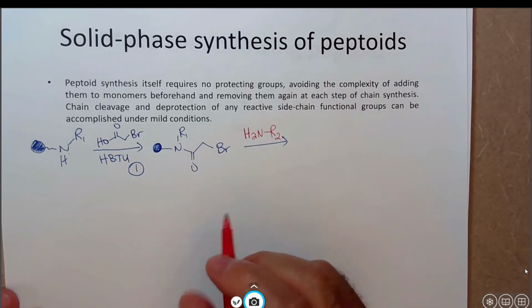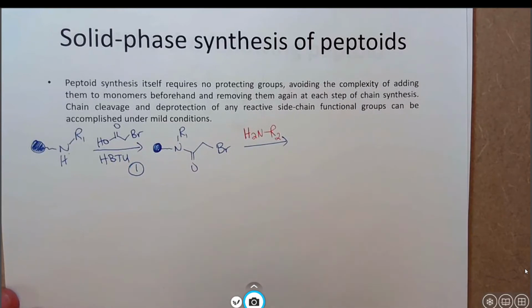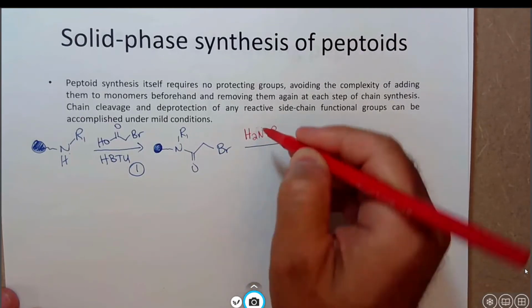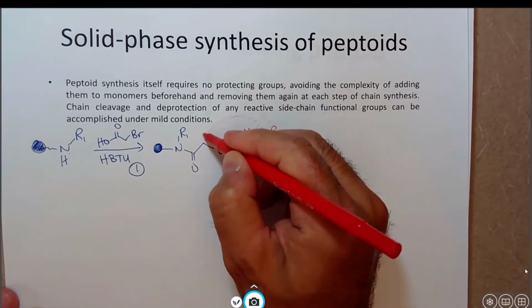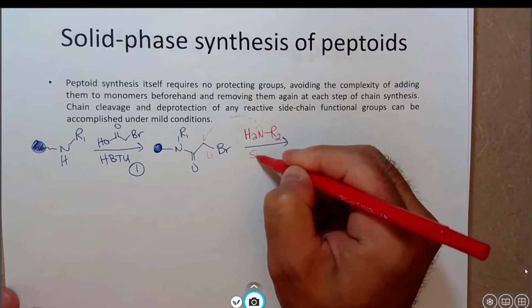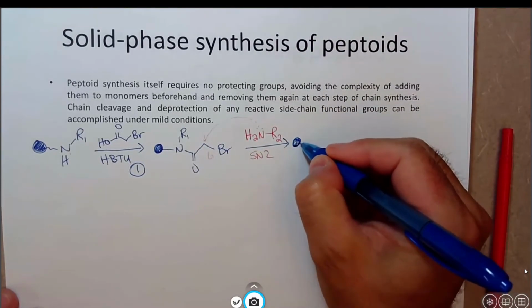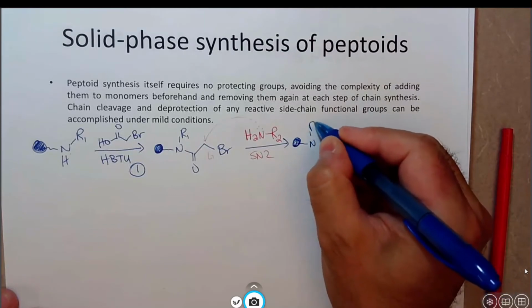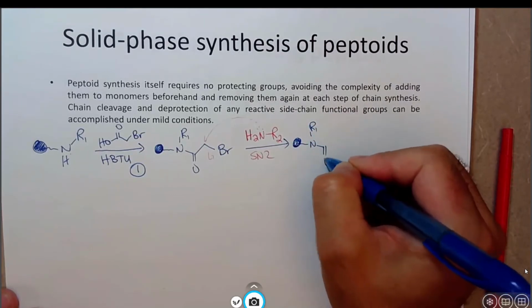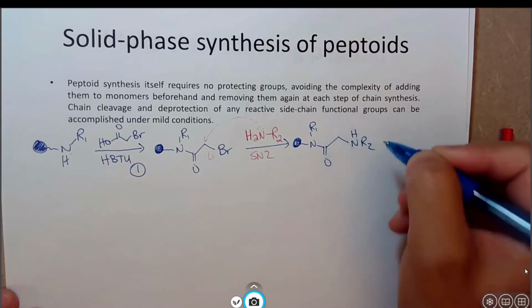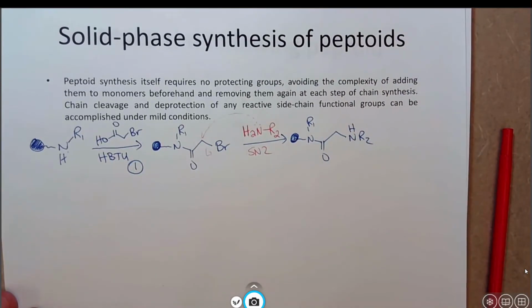So these are actually quite inexpensive, and there's a large library of them available. So what you can see here is that in terms of the mechanism, you can imagine this will come here and you'll do direct SN2 substitution. So what you'll end up generating is now your R2 peptoid on the growing chain.